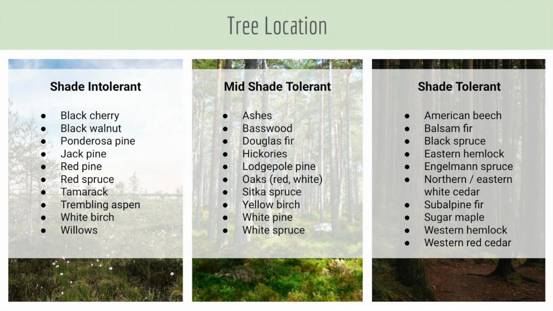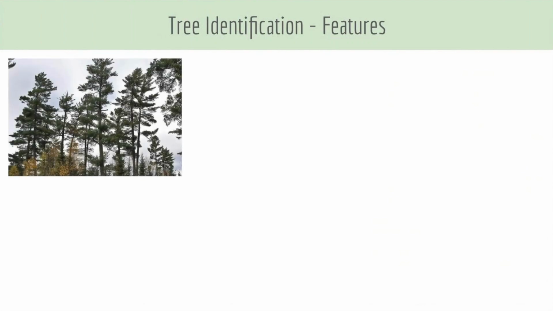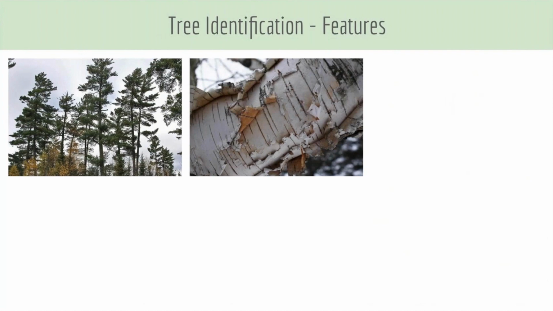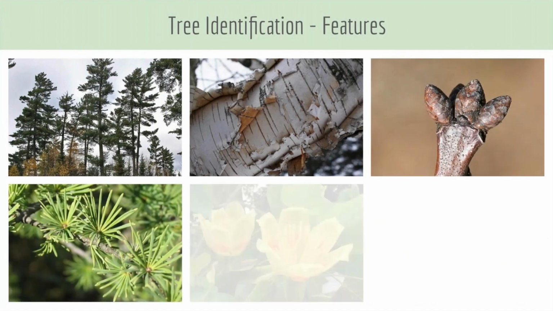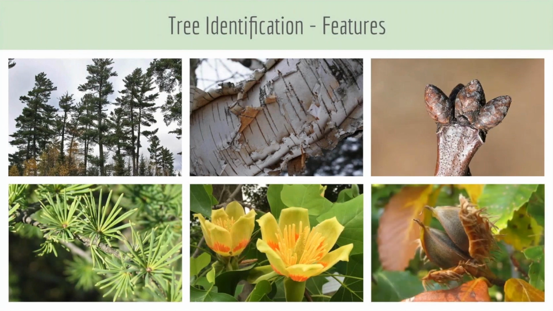Let's find out. So here I'll cover just a few features of various species in Ontario, and we'll go through the features that you can use to identify them based on what we already named before from the tree parts. This includes the form or the shape of the crown, the bark of the tree, the buds on the twigs, leaves, flowers, and fruit.